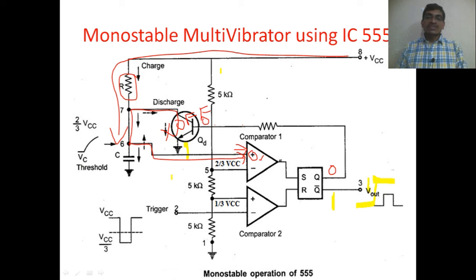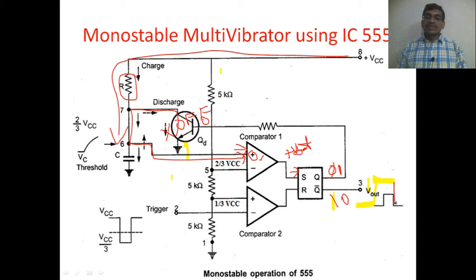So the output here will be the plus V saturation, and this plus V saturation voltage is given to the set of the flip-flop. When the flip-flop is set, the output changes to 1. The Q is equal to 1 and the Q bar is equal to 0.